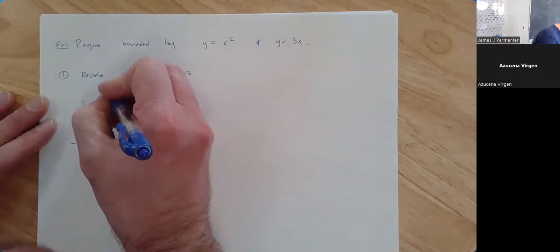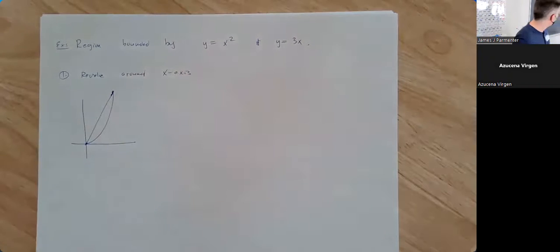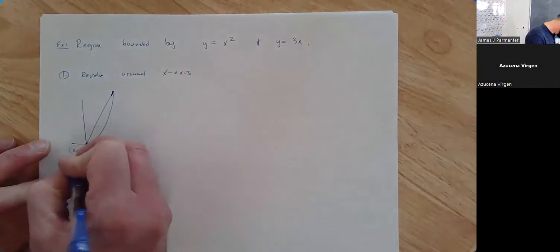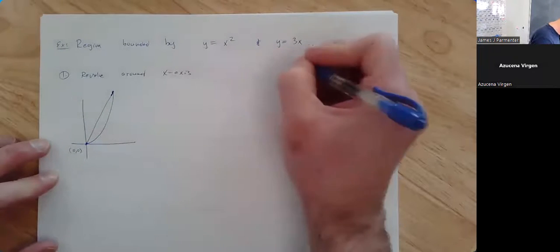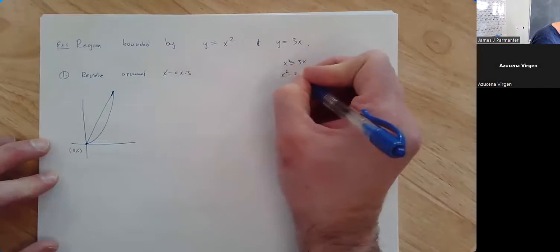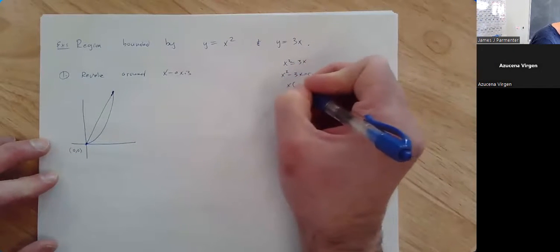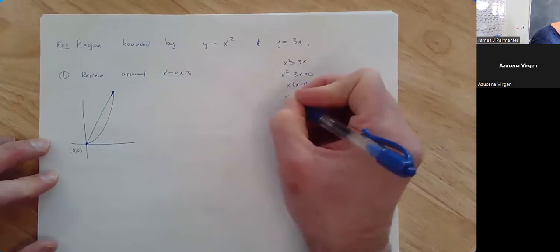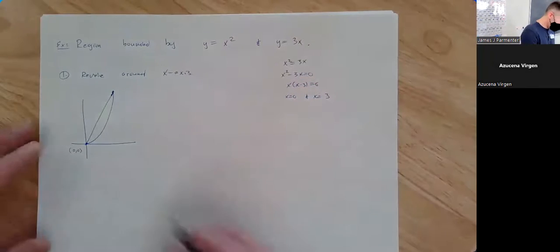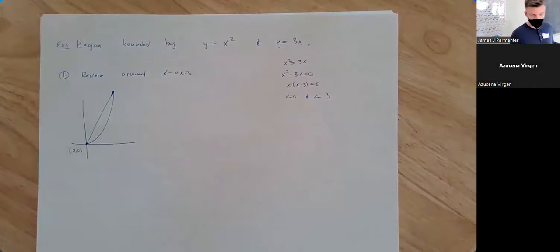Of course, there's more to it than just that, but that's the portion we want. We can see that they intersect at 0, 0, and you can either set these equal to each other and then bring everything to the left and factor to get x equals 0 and x equals 3, or you can probably just guess a little.